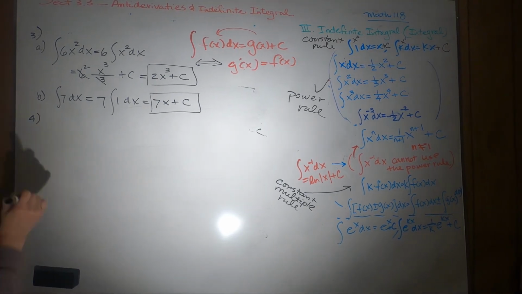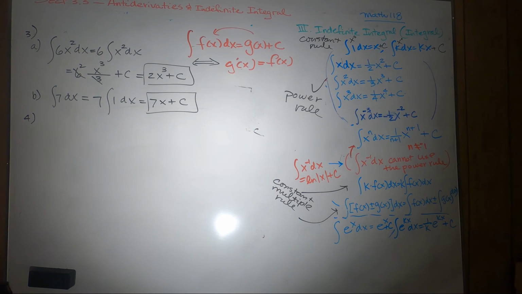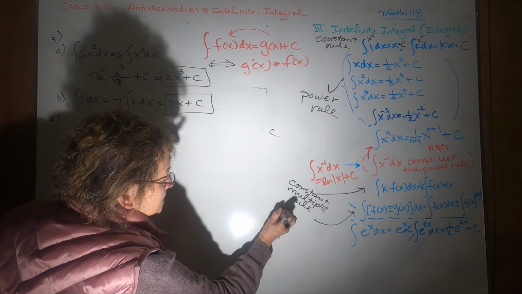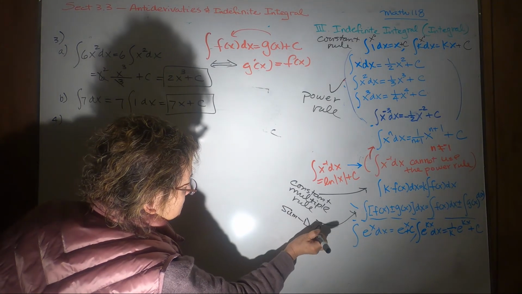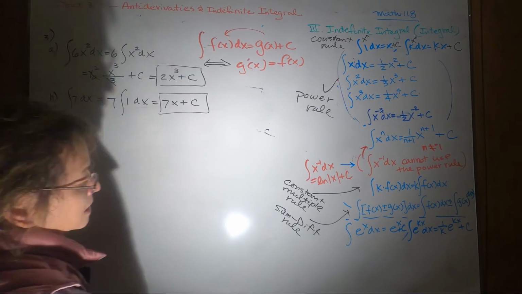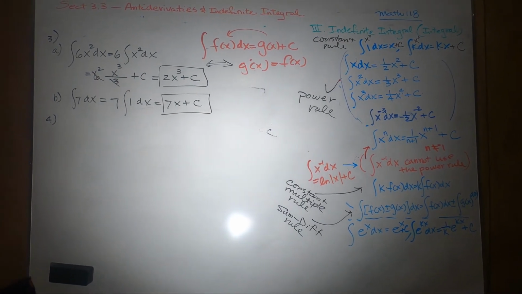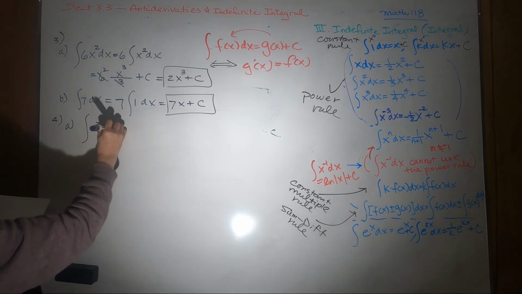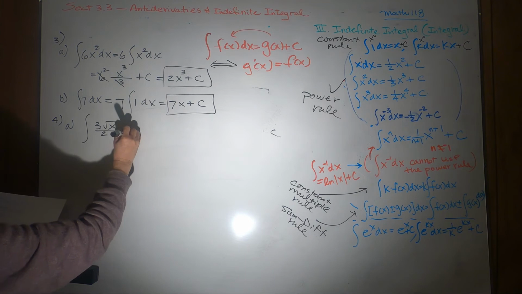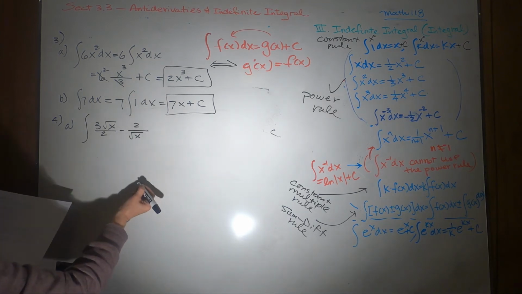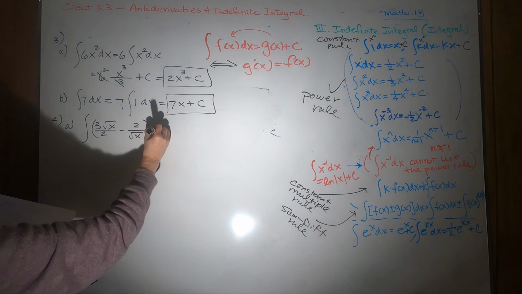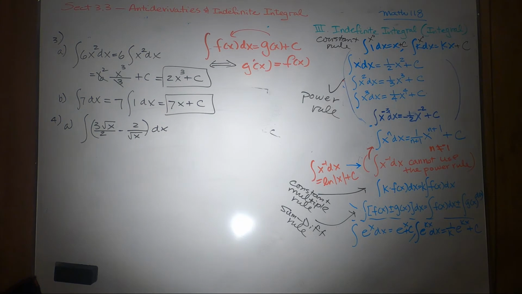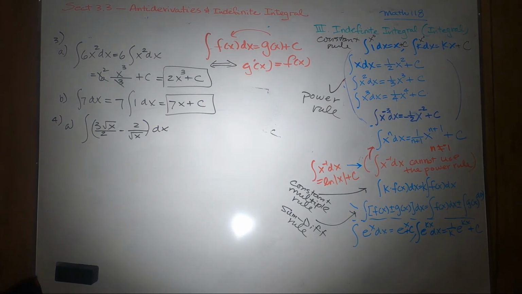Now let's take a look at the next rule and practice that one. That would be the sum and difference rule. If we have this situation, 3 square root of x divided by 2 minus 2 square root of 2 divided by square root of x dx, how should we do it?